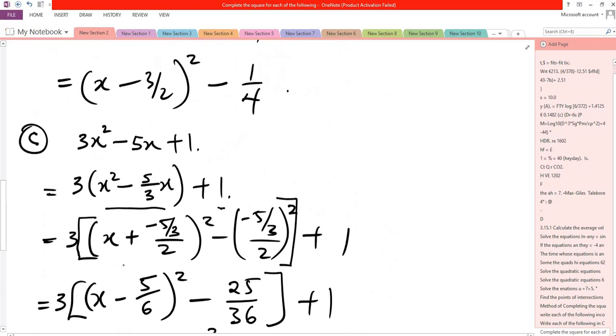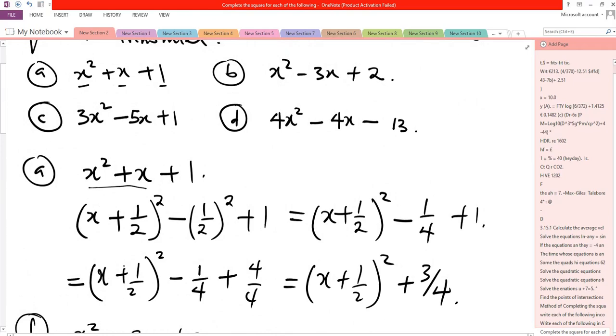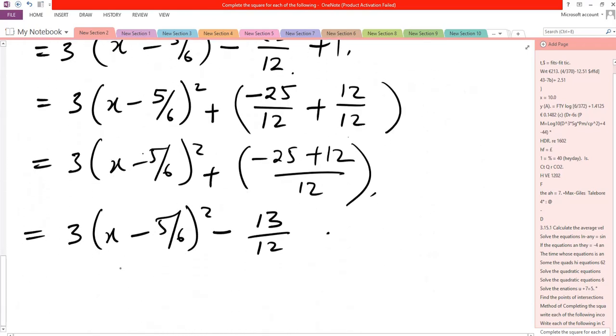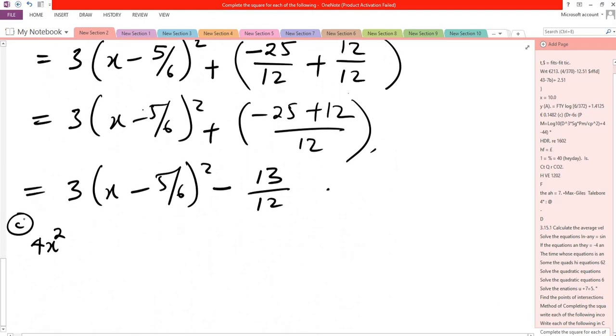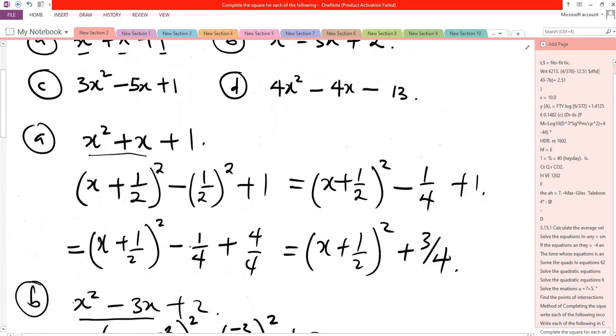Now the next one is d, the final question: 4x squared minus 4x minus 13. Let me be sure.